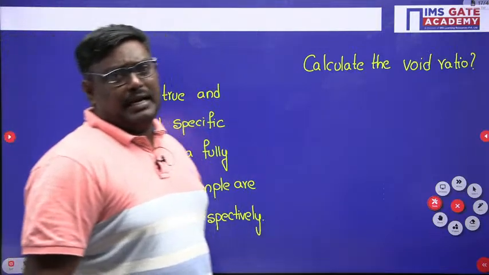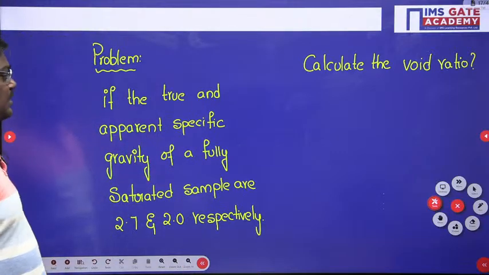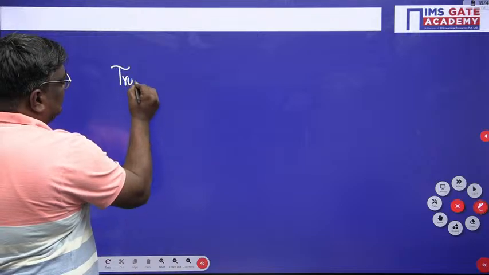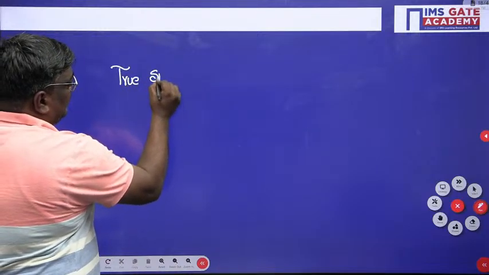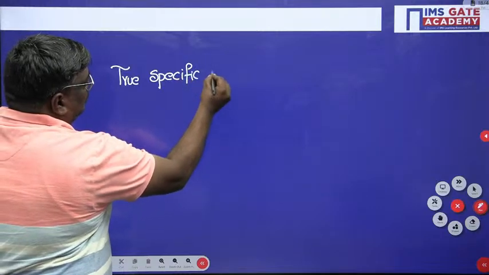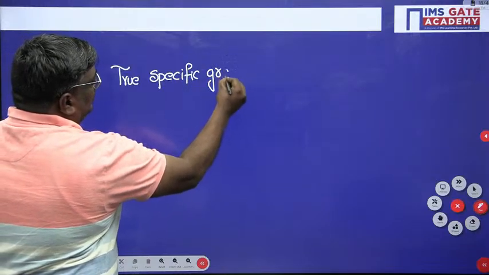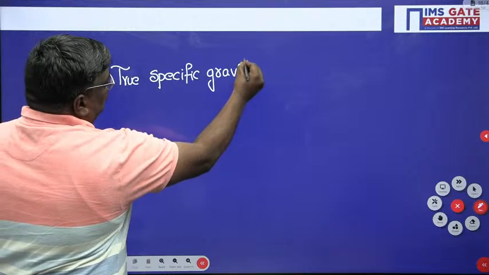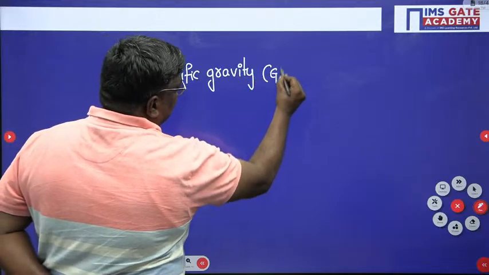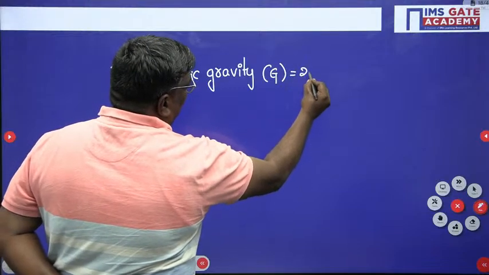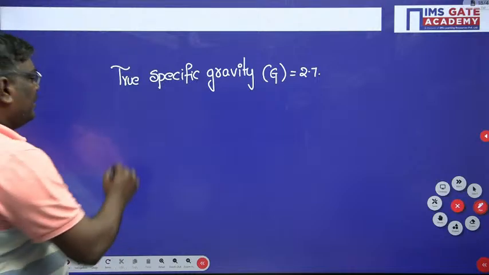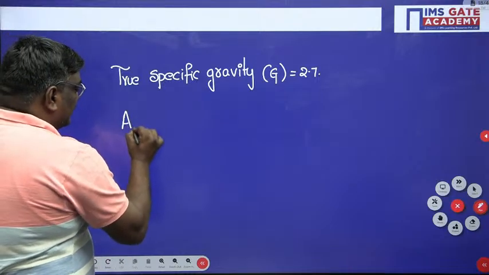See, my dear students, what do you mean by true specific gravity? Remember, true specific gravity is always constant. It does not change. It is always constant for a given soil. So true specific gravity is nothing but G, and G is equal to 2.7. Now here they have given you apparent specific gravity.